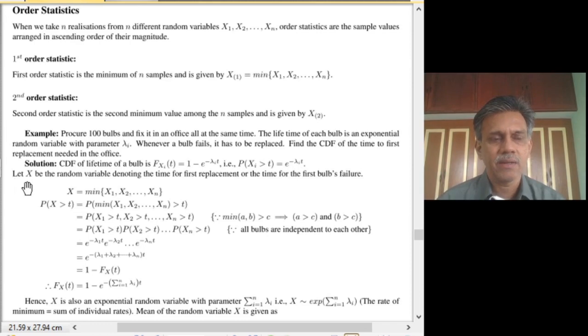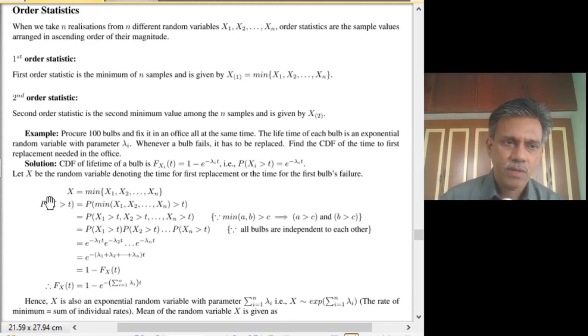We are interested in the minimum of these random variables. We will denote it as x, the minimum of x1, x2 to xn, which is what we are interested in.